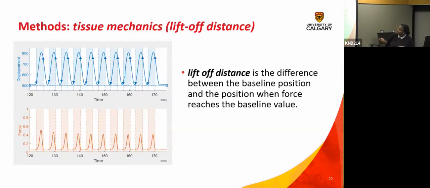The difference between that spot and the baseline of the displacement tells us that the compression plate was not touching the tissue at that time, because the force has come to 0. The displacement is not necessarily at 0, but whenever the force comes to 0, that means there's no load applied to the tissue at the time.